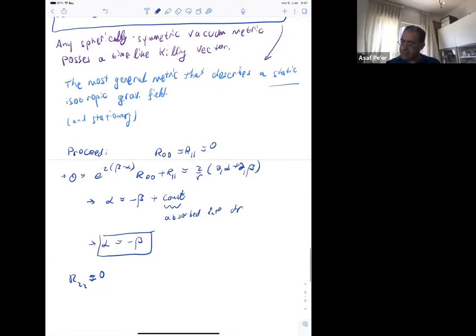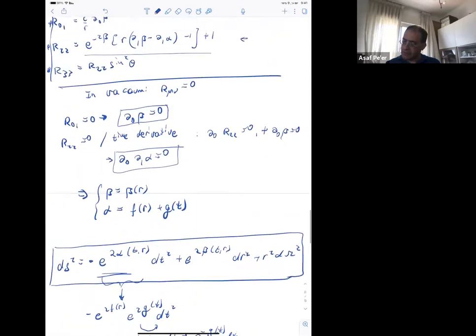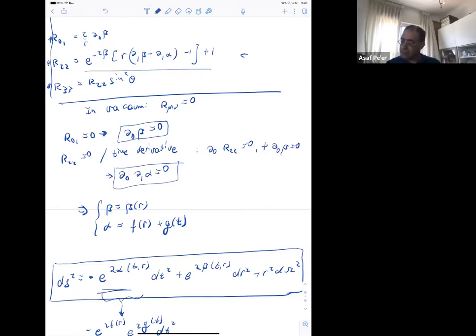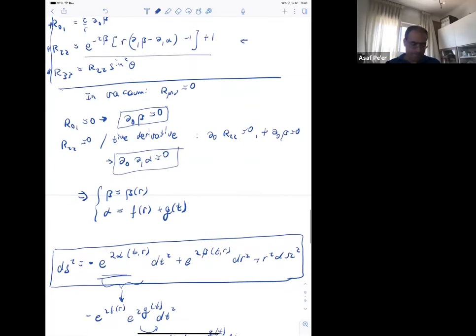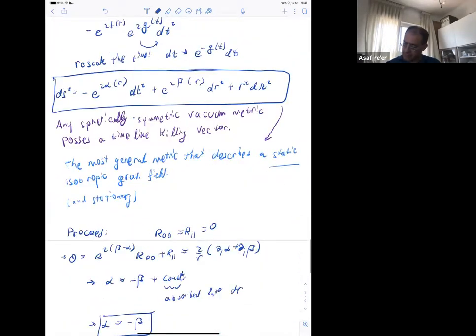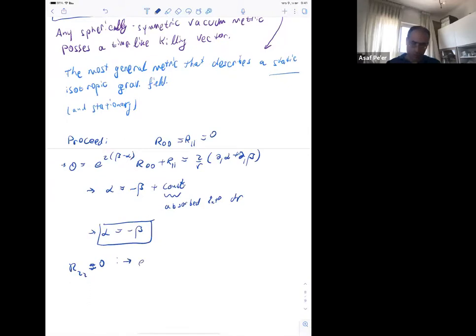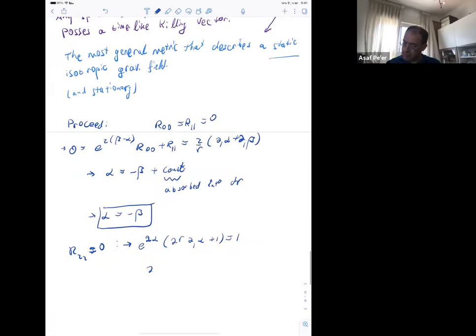After plugging alpha equal to minus beta into R22, we have twice d1 alpha, so that e to the power 2 alpha (2r d1 alpha plus 1) is equal to 1, which is a complicated way of writing d1 of r e to the power 2 alpha equal to 1.